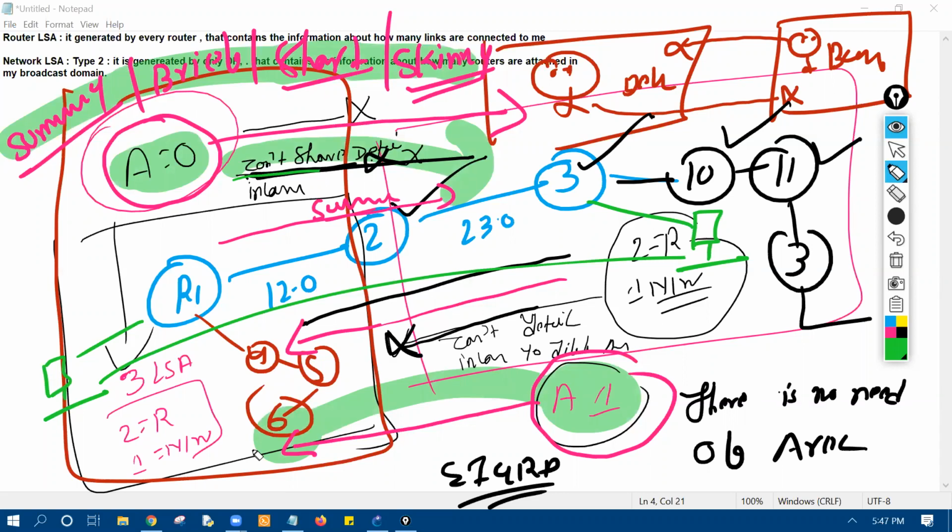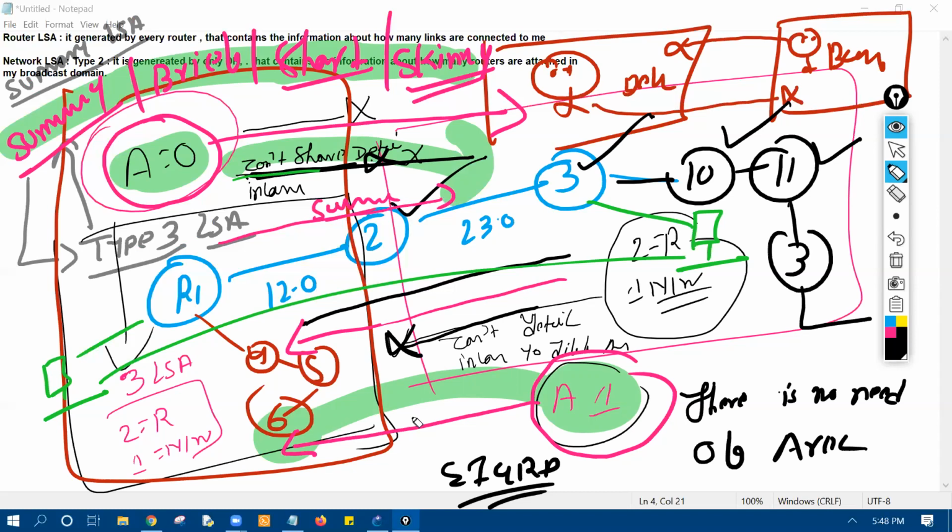And that short information is known as a type 3 LSA. That type 3 LSA is also known as a summary LSA. Summary means what? Short information. That is known as the summary LSA.